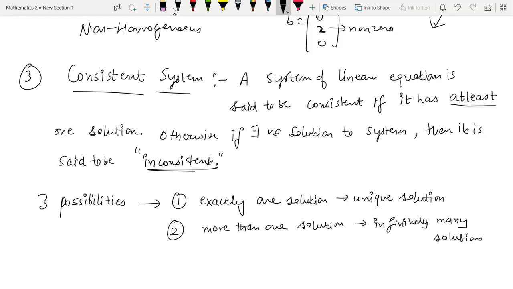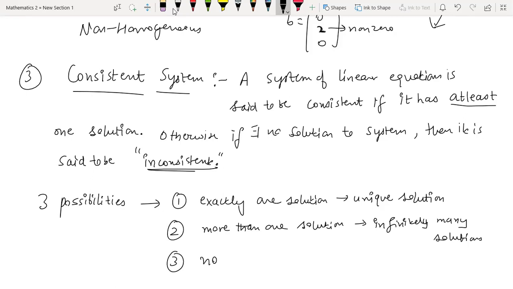You cannot give me a system of linear equations having two solutions, right? Either there will be one solution or it will be infinite. There is nothing in between. So you will have either a unique solution or infinitely many solutions. This is a theoretical result, but you will see this demonstration of this result directly through examples.